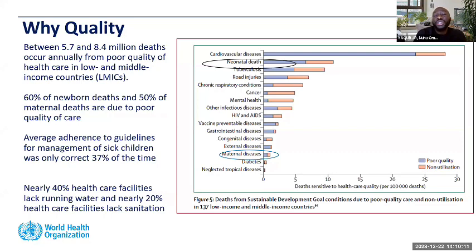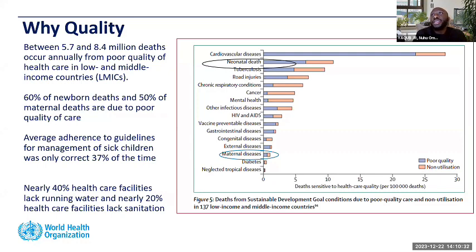So most sick children seeing a healthcare worker in a health facility or in the community receive care according to the IMCI guidelines, whether national, WHO global, or even the pocketbook, only 40% of the time. So we know that quality of care is a big problem.